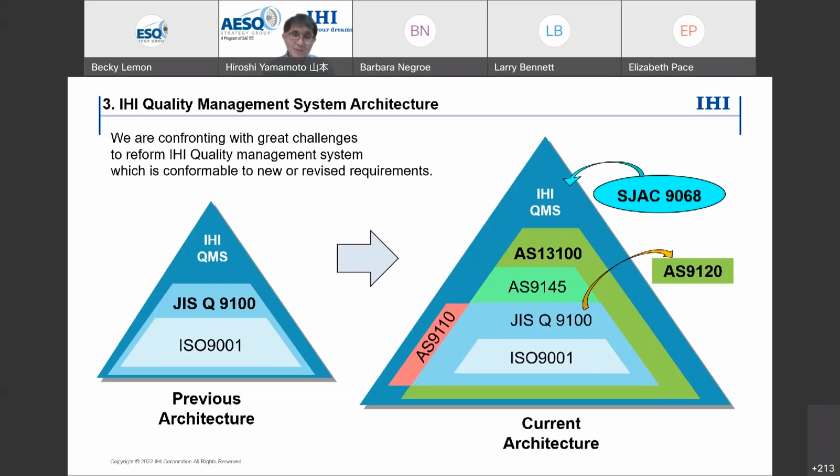Of course, we're including other quality management system requirements like AS9110 for MRO, and AS9120 for suppliers and distributors, and a Japanese unique quality management system requirement, SJAC 9068.